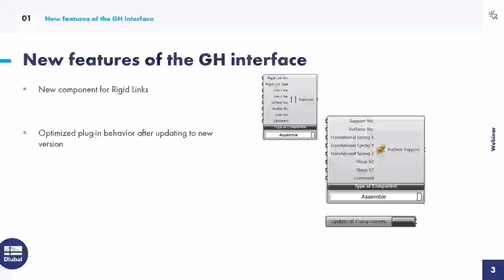That was caused by the fact that we constantly extend current components and create new components, and when we extend an existing component, then those wires have been disconnected, and this new optimized behavior should prevent that.